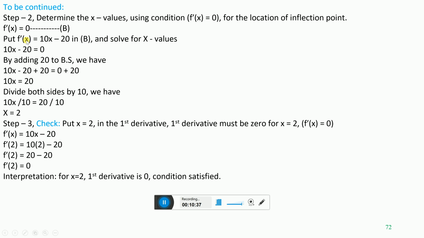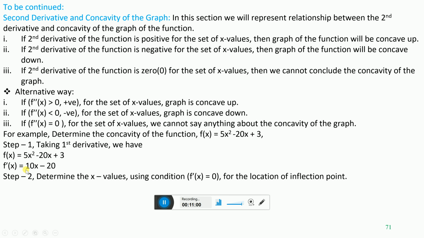So we will put f prime of x equal to 10x minus 20 in this equation b and solve for x. I am again repeating that we will replace f prime of x with its value 10x minus 20.